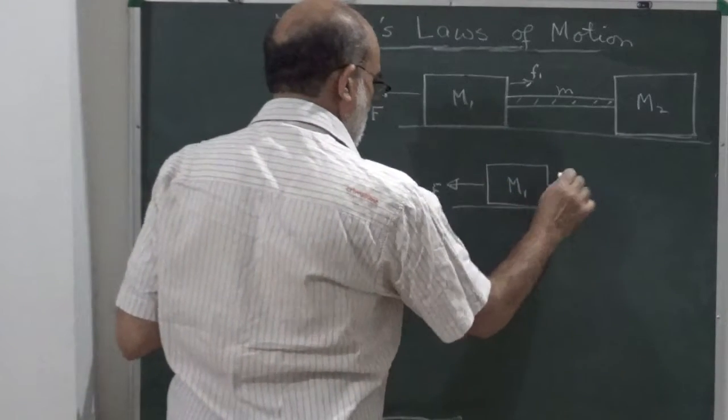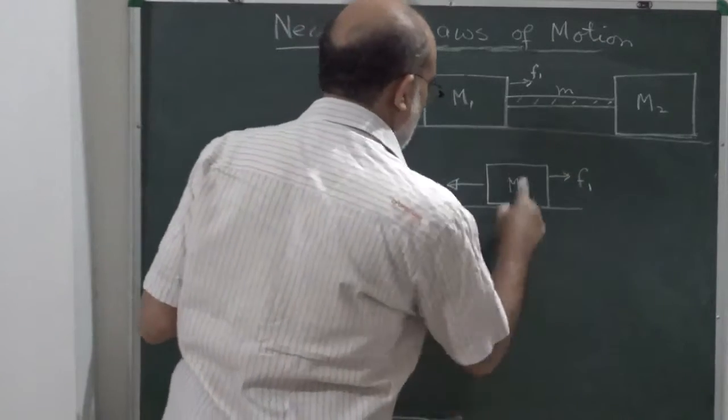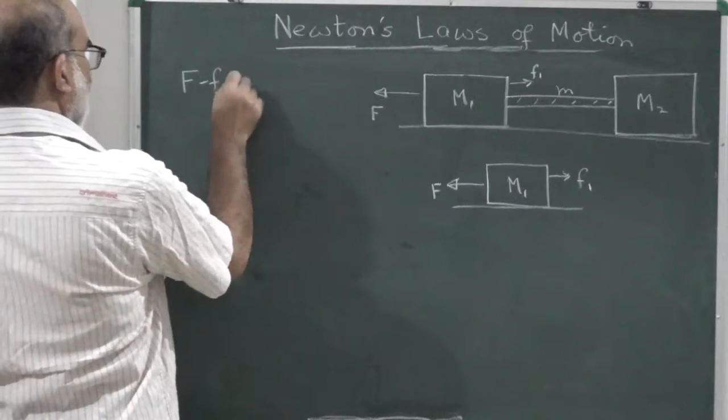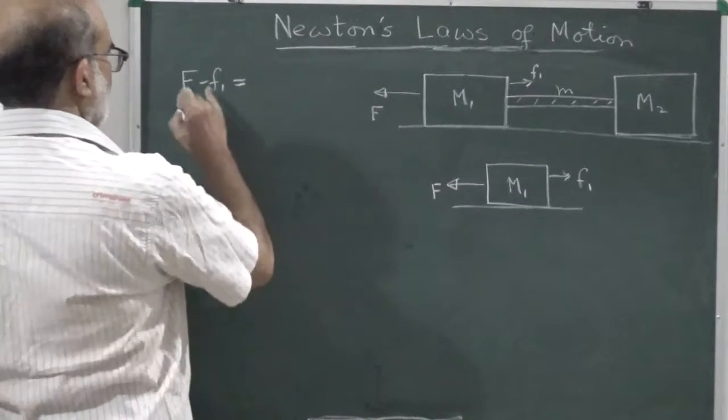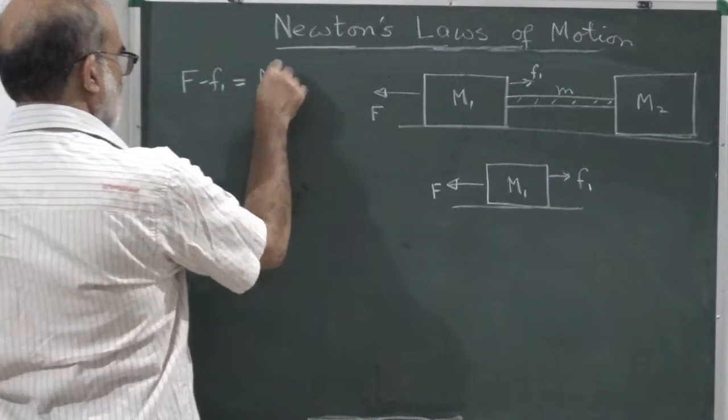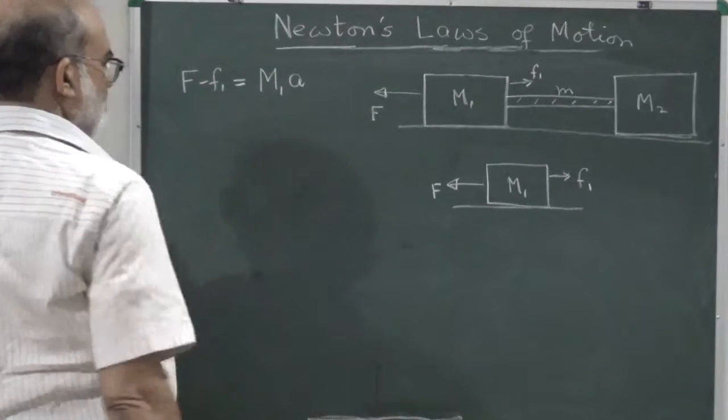This is m1. So the resultant force on this is F minus F1. According to Newton's second law, this must produce an acceleration, so it will be m1a.